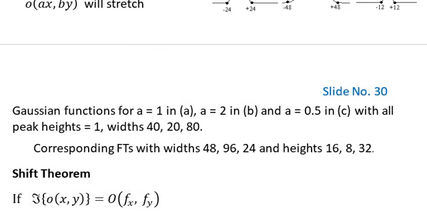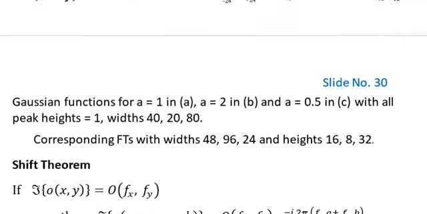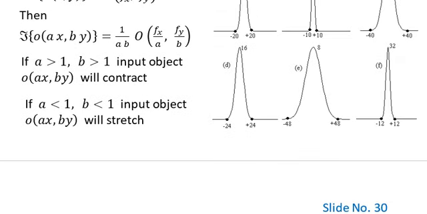The corresponding Fourier transforms have widths 48, 96 and 24, and heights 16, 8 and 32. So you see that if the object is stretching more, its height will decrease. For example, in E the height is 8, whereas in F the height is 32, because it is more contracted as compared with the Fourier transform in D, which is a stretched version of the function in A, and you can see its height is 16.